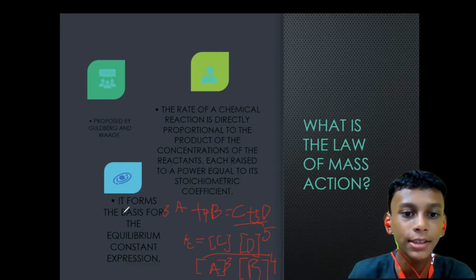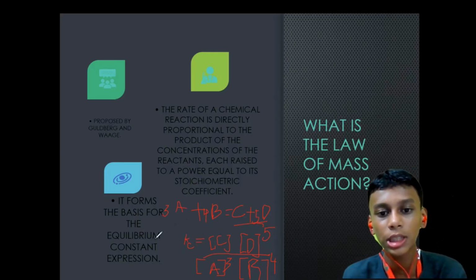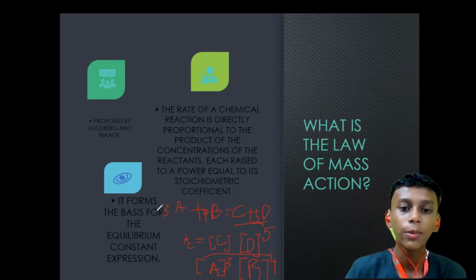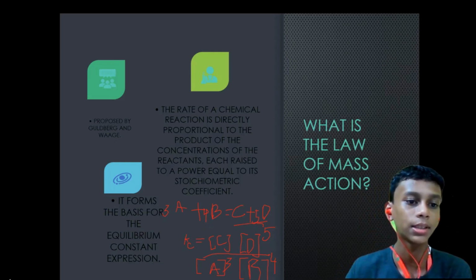And next, it forms the basis of the equilibrium constant expression. So this is the equilibrium constant expression. The coefficient of each variable goes to the power, and the Kc formula is products by reactants.